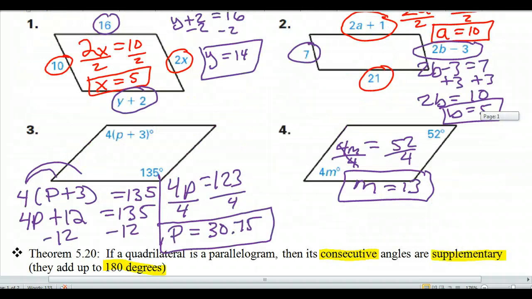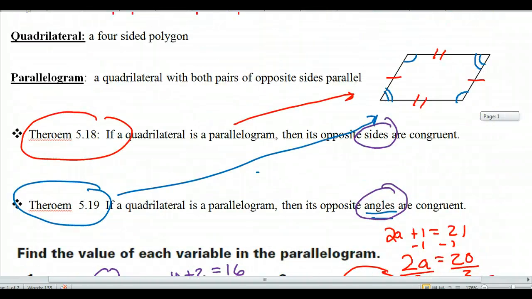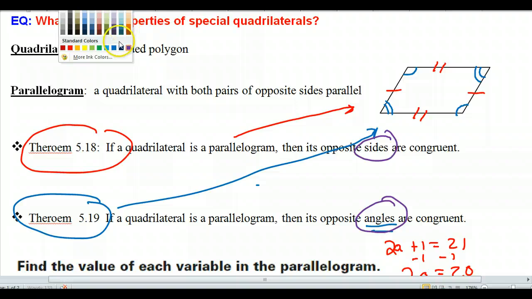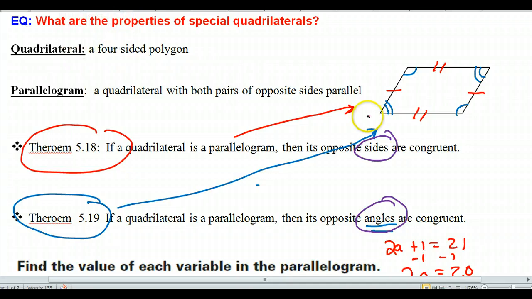Okay, consecutive angles. Let me look back at my diagram. All right, let me put some letters on here so I can quiz you guys. Say this is angle A, B, C, and D. Okay? Haley, name two consecutive angles. In other words, tell me two angles that are right next to each other.